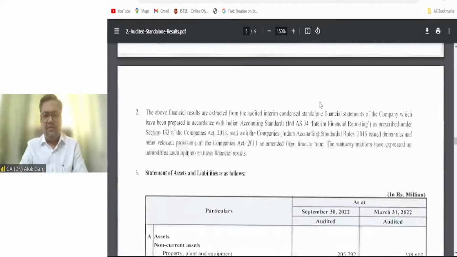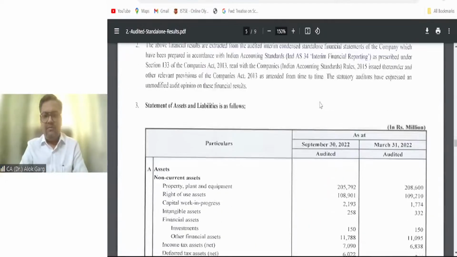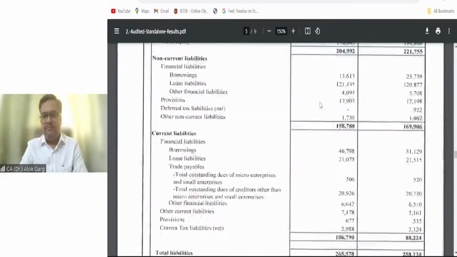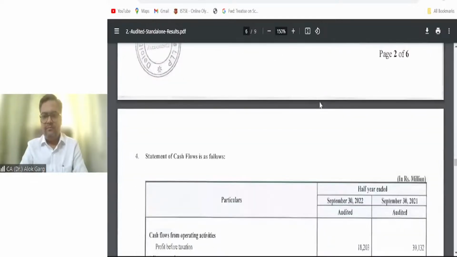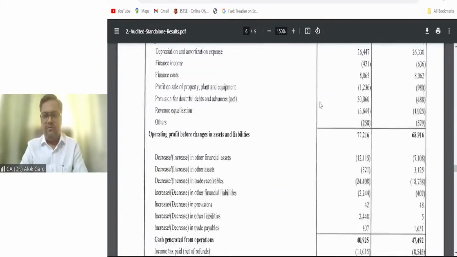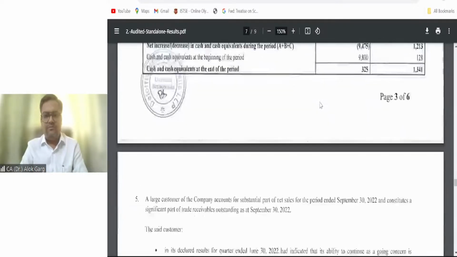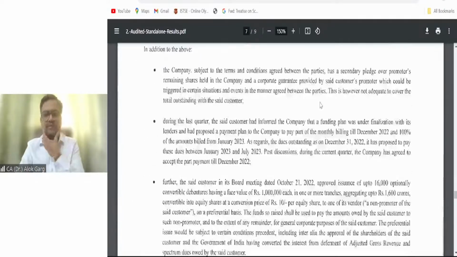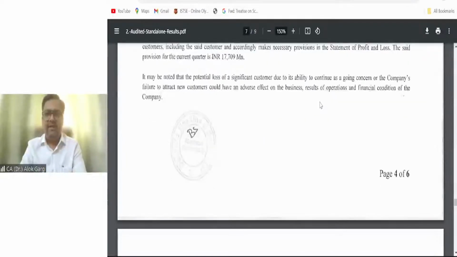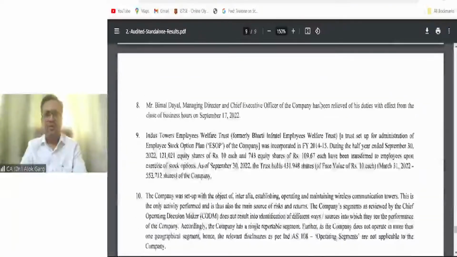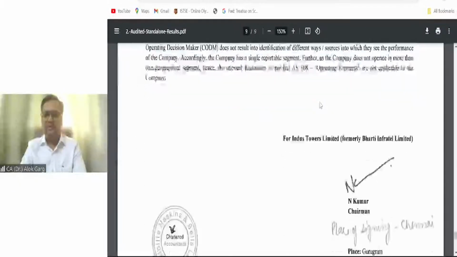Notes to financial results, statement of assets and liabilities, statement of cash flows, right? And some notes are there, which are as per SEBI LODR, SEBI regulations requirement. I just wanted to show you that these are the important notes.